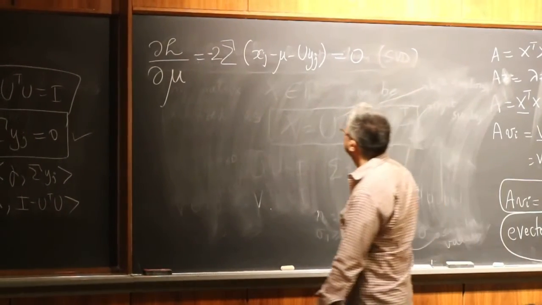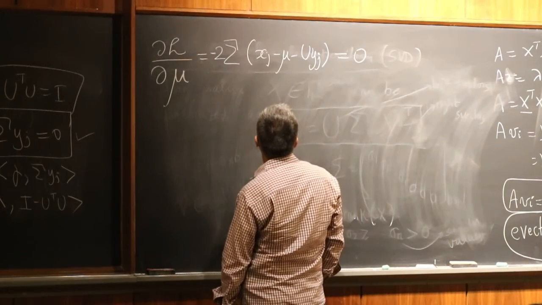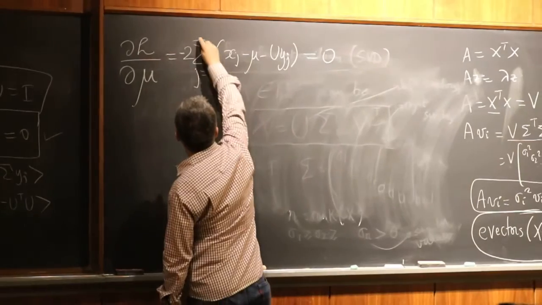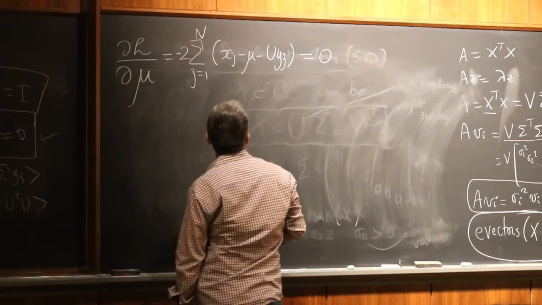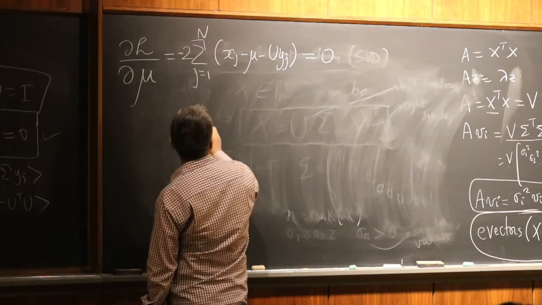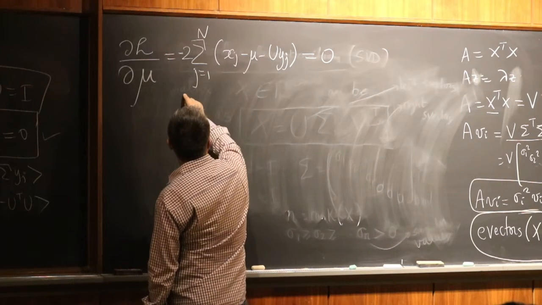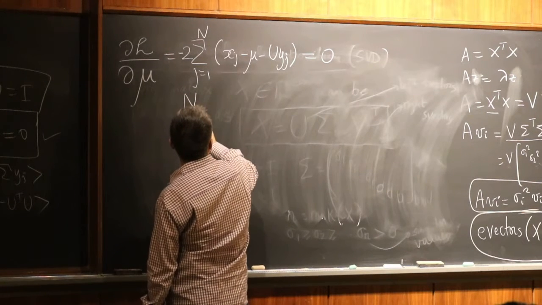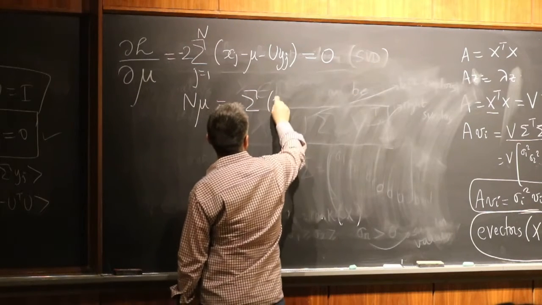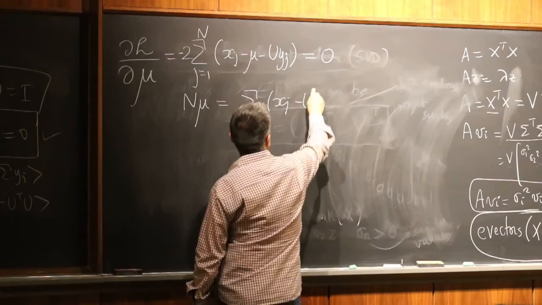So from here, what do I get? I get that n times mu is equal to the sum over j from 1 to n of xj minus mu times yj.